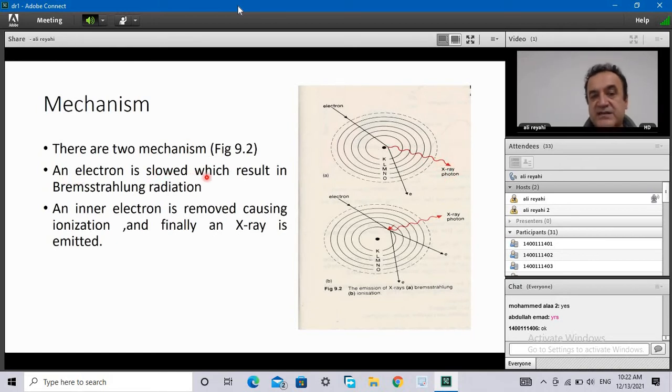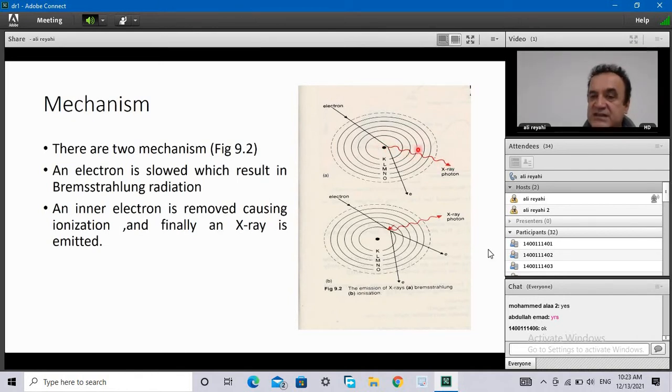The electron is slowed down here, which results in, this is the German name of X-ray, Bremsstrahlung radiation. Bremsstrahlung radiation is X-ray. But which X-ray? The X-ray that is produced by slowing down electrons around the nucleus of the anode atom.